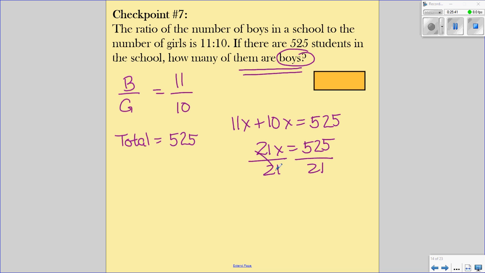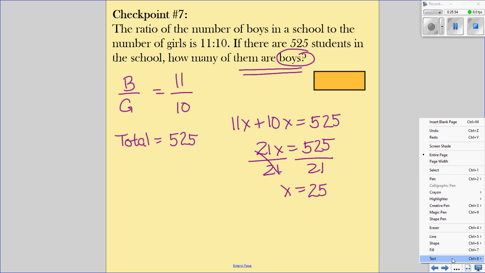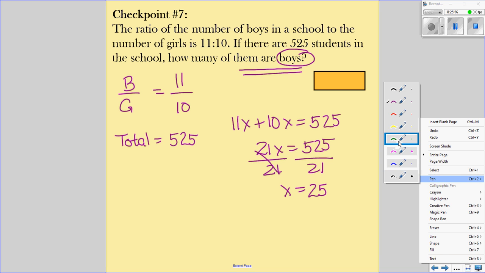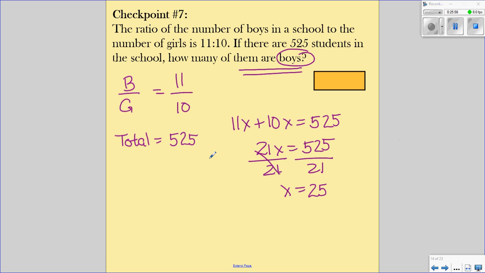Divide by 21, and 525 divided by 21 is 25. So that's our common number, and now we need to multiply it. 25 is for the boys, and then the girls, 10 times 25.